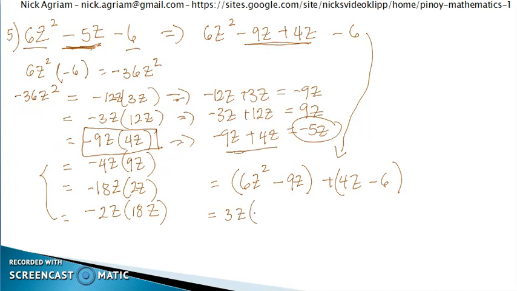What is left is 2 zeta minus 3, plus the common factor between 4 and 6 is 2, and what remains inside the parentheses is 2 zeta minus 3.